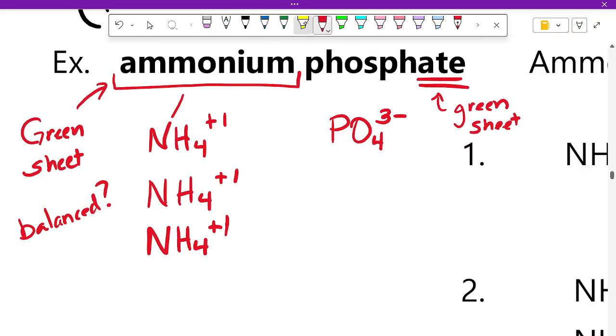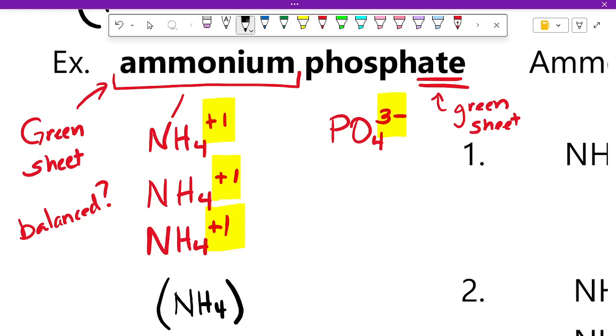Yes. Now we have 3 positive and 3 negative. How do you show that you have 3 NH4s? We put brackets around it, and we put a little 3 on the outside of the brackets. And then we write PO4.